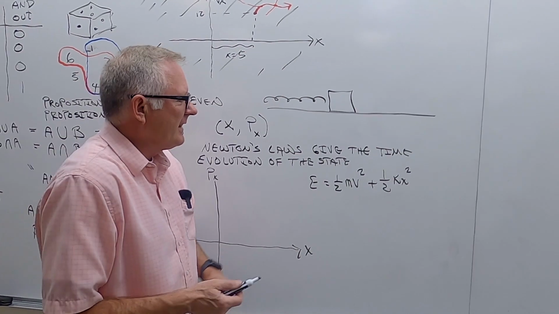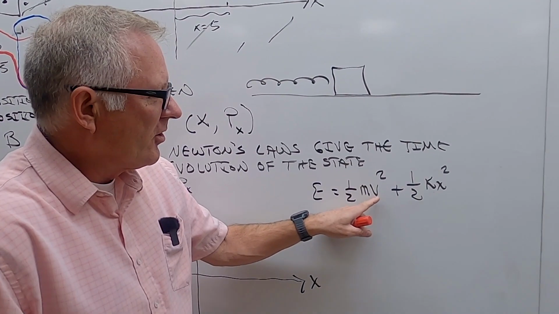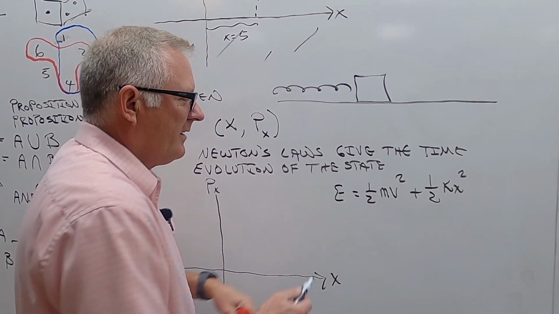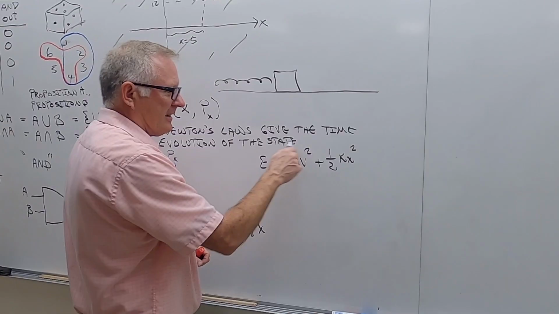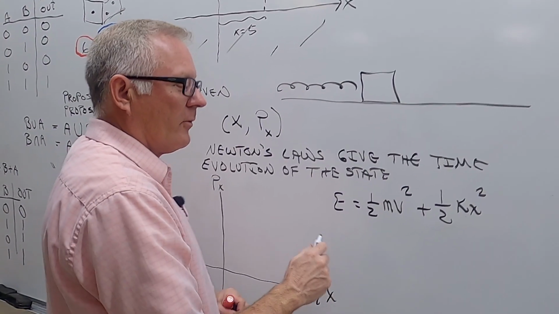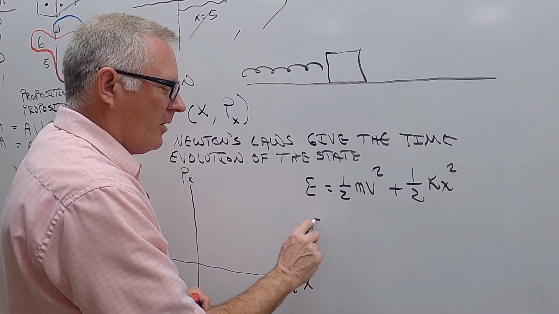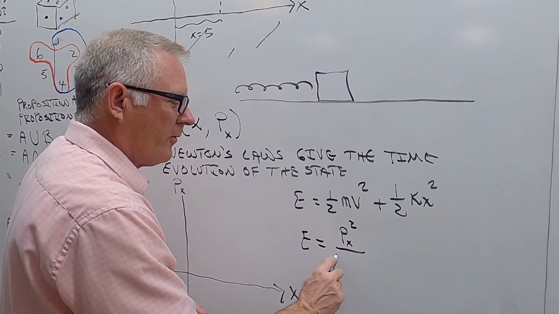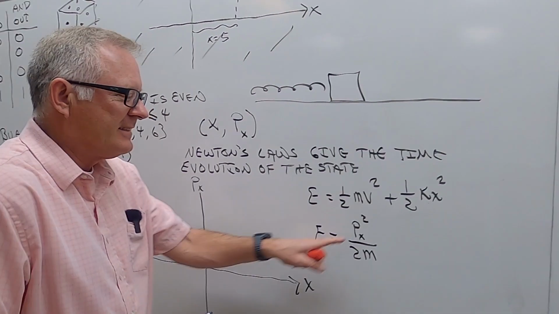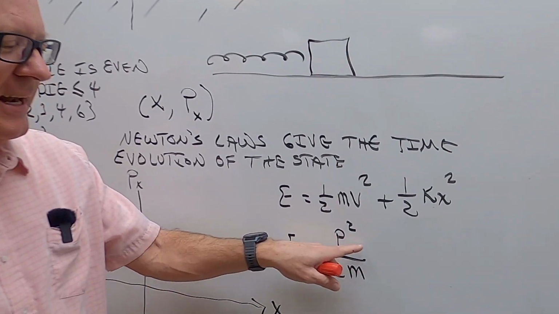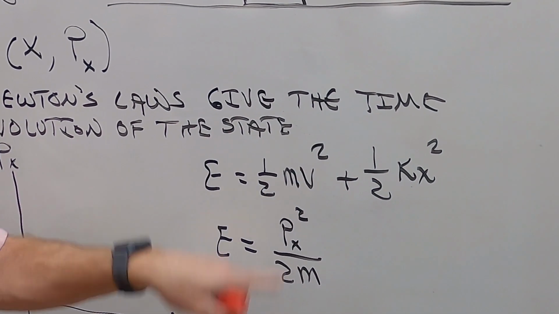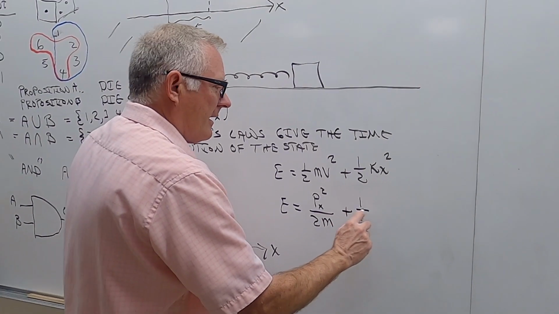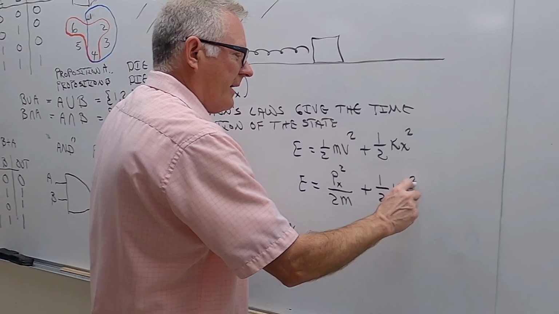Now what I'd like to do is turn this into momentum right here. Well, we know, at least classically, this is all classical, non-relativistic, that the kinetic energy is px squared over 2m. That's the same as the kinetic, because if you plug in mv and divide, you get 1/2 mv squared, plus 1/2 kx squared.